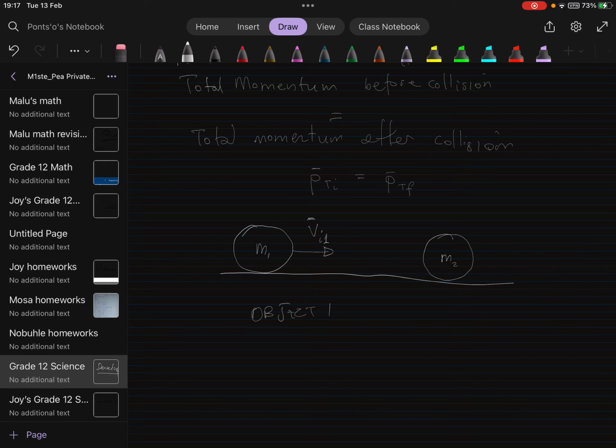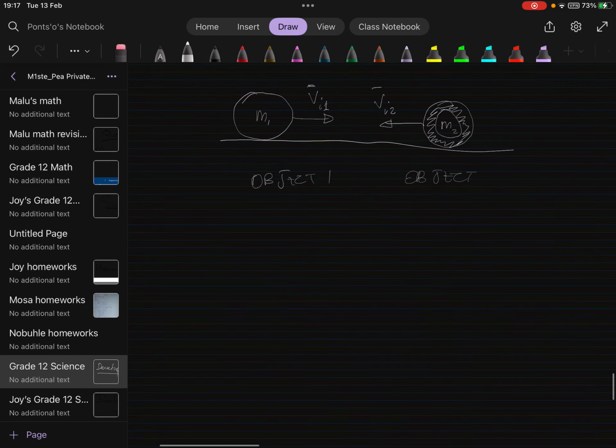This cue ball is on that nice cushioned mat, which is frictionless, and it's moving in the direction of another object, a black ball. The black ball is moving towards the cue ball, so its velocity is v initial 2. The 2 indicates that it's for object 2.